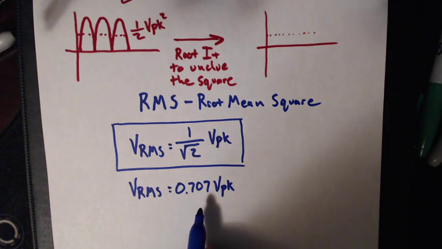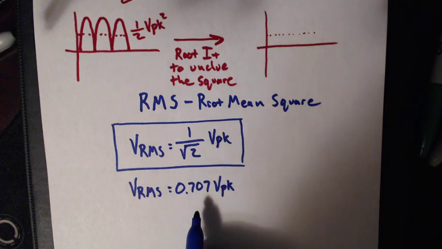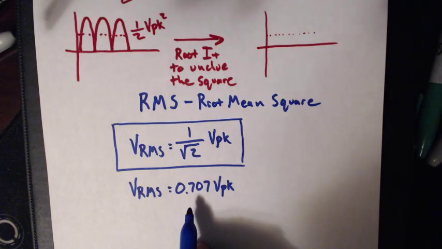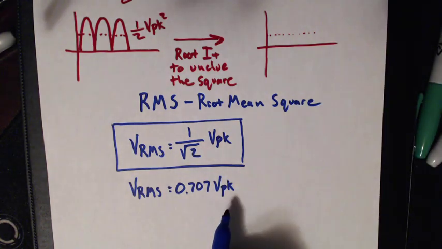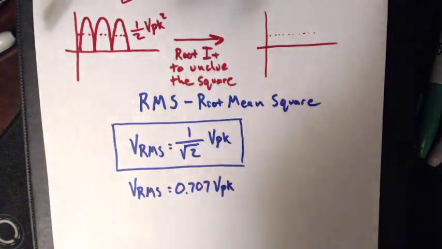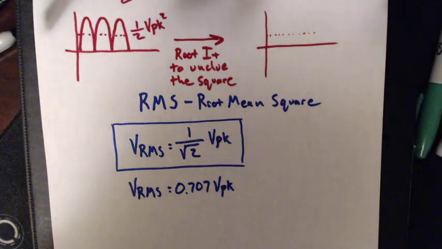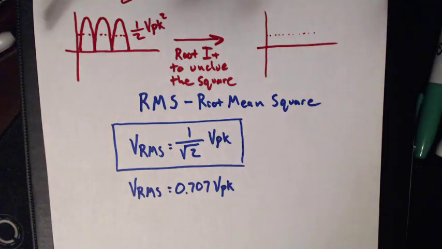However, 99% of the time when I'm doing this, I have a calculator in hand, and it's very quick for me to just go 0.707 times whatever my max voltage gives me my RMS. Okay, so the whole point of this is that now we can actually get back Ohm's law and our power equation.